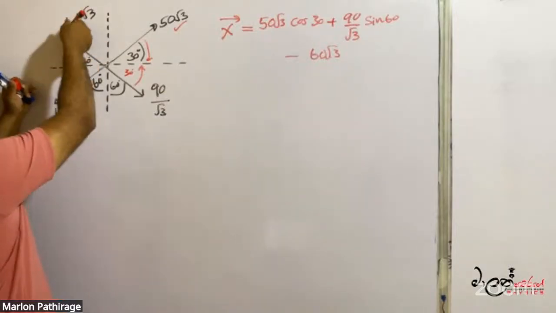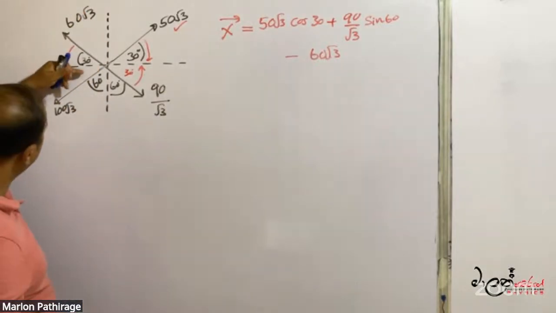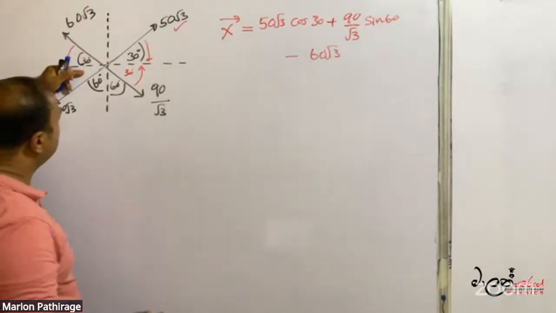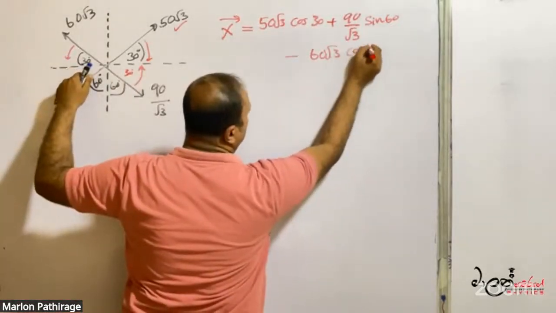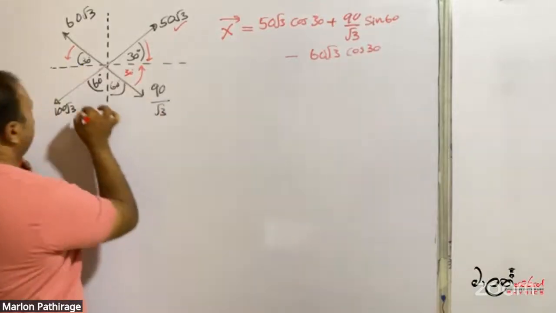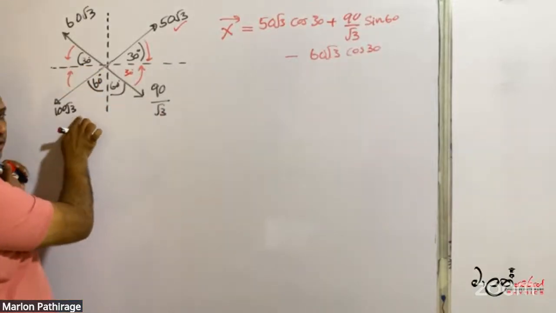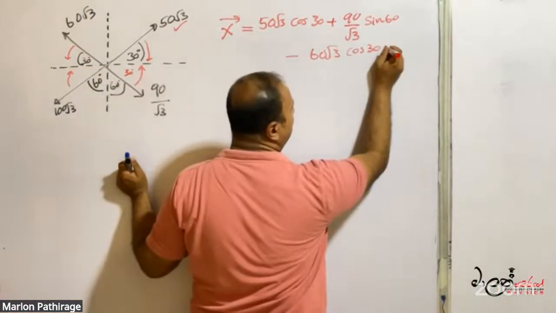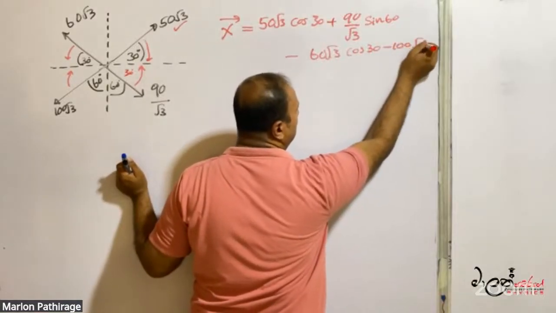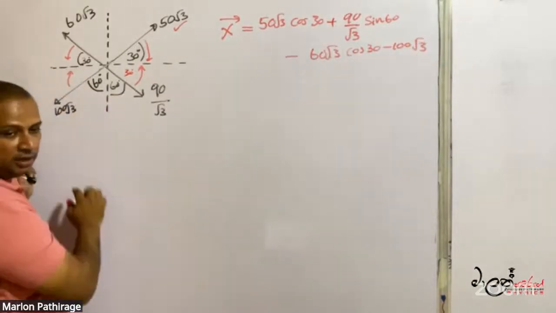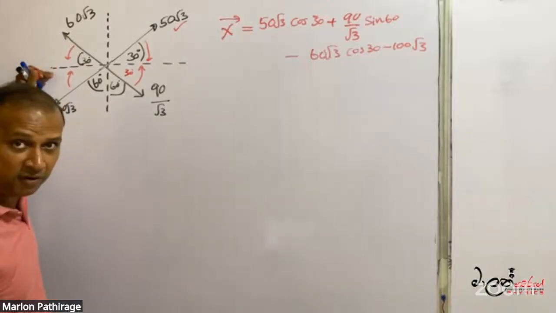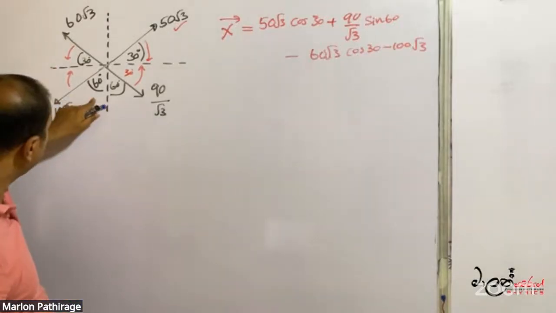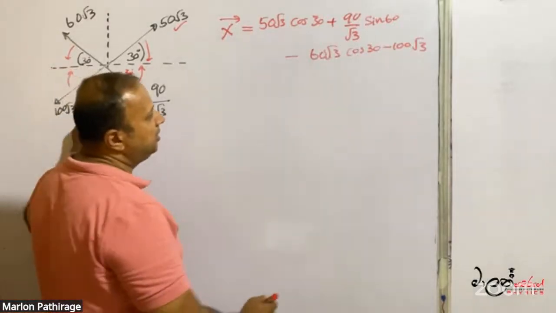You are going to resolve the force into the direction of the angle, therefore cos 30. Then minus 100 root 3, we are going to resolve the force into the opposite direction of the angle, therefore sin 60.